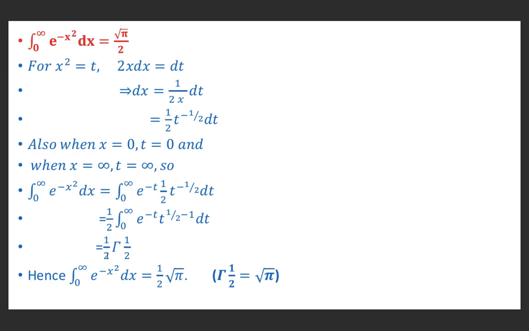And this is nothing but gamma half, because in place of n we have 1 upon 2 here. So this is gamma half by definition of the gamma function. So the integral of e raised to power minus x square dx is equal to half gamma half. Gamma half is nothing but under root pi. So under root pi upon 2. This we have proved in the previous slide.